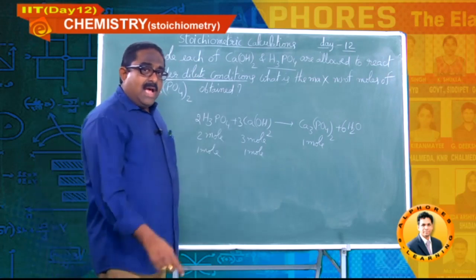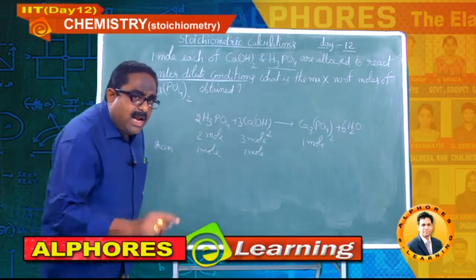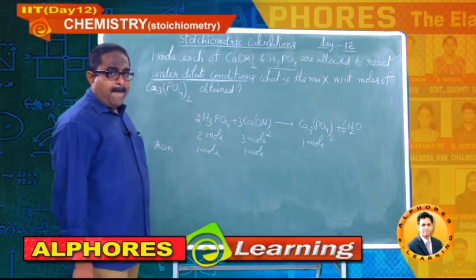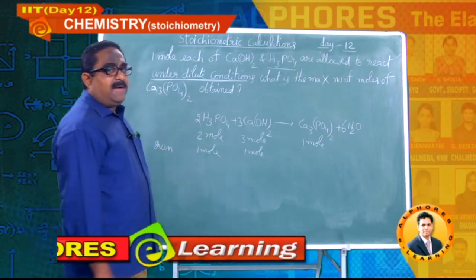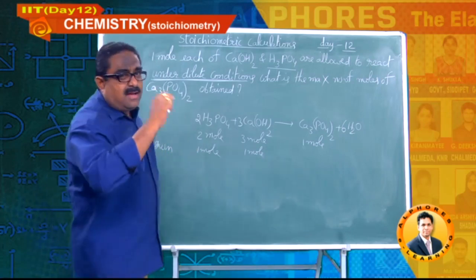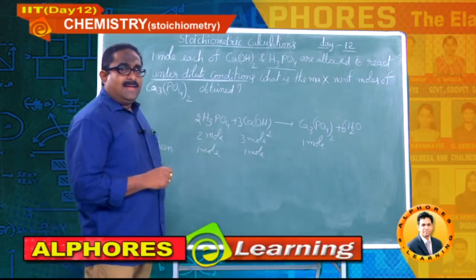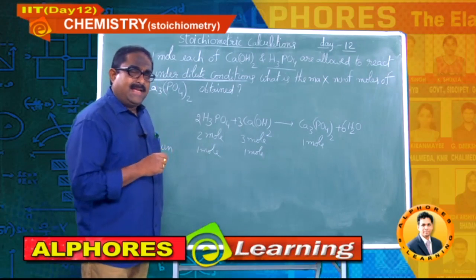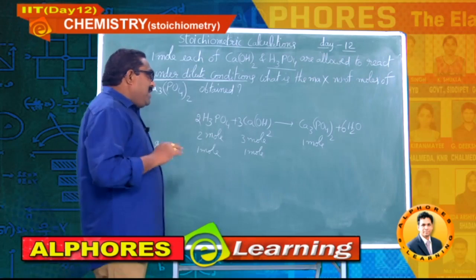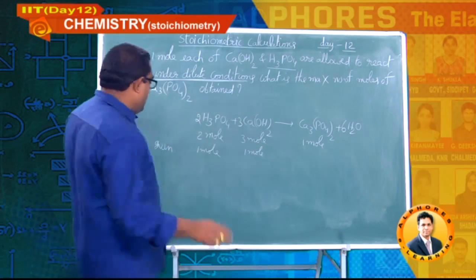First, I am going to explain the logical approach to decide which is the limiting reagent. After finishing that, I will give one technique which is useful to decide the limiting reagent very easily.